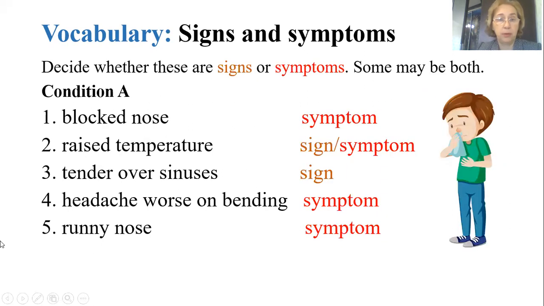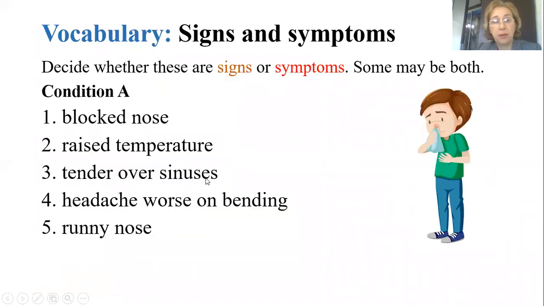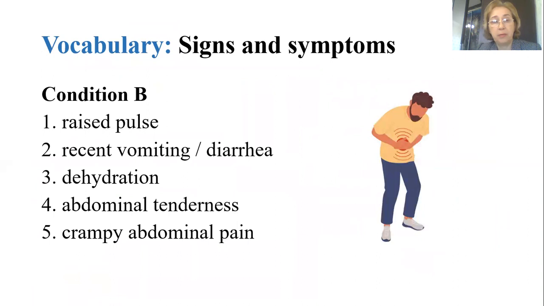So the form that was like here, history suggests what? Number 10. What kind of disease does this suggest? Any ideas? Who would like to help us? Help the patient. Yes, Swat, please. It's probably food poisoning. Maybe.